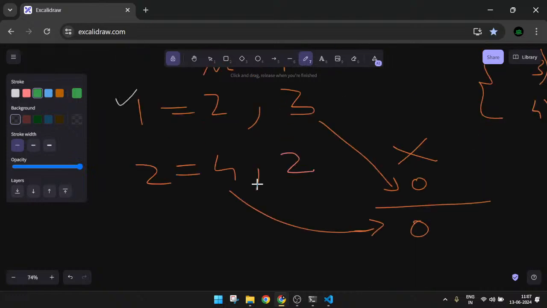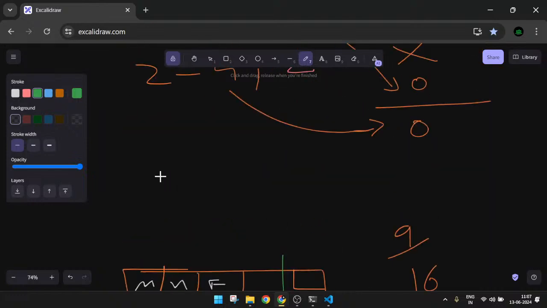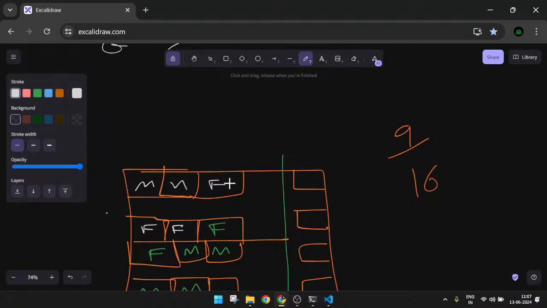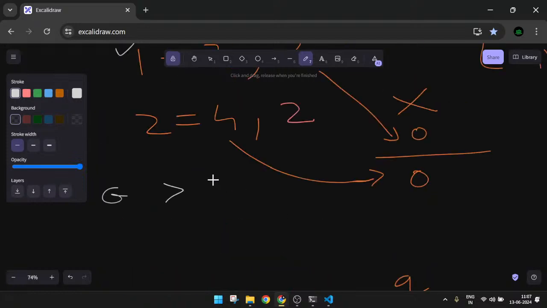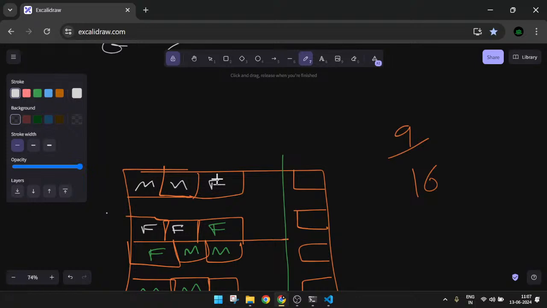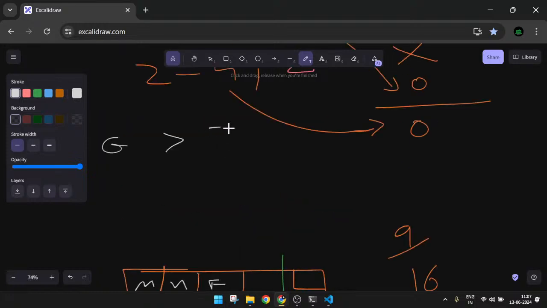It's okay. What I can do is check if a group has more than... 1 2 3 4 5 6 7 more than 3 members, no, not 3, more than 4 members.